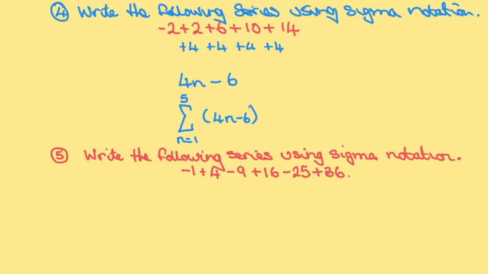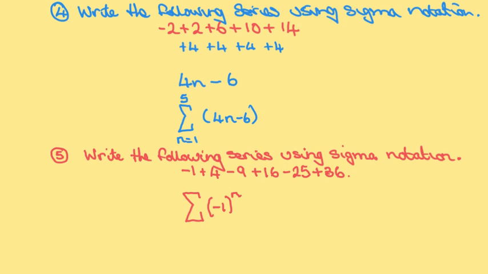-1 plus 4 minus 9 plus 16 minus 25 plus 36. If you look at this series, it is an alternating series going from negative to positive. In order to get alternating negative and positive, we use the number -1. We want the first term to be negative, so we just do it as a power of n. So this series, we sum up.